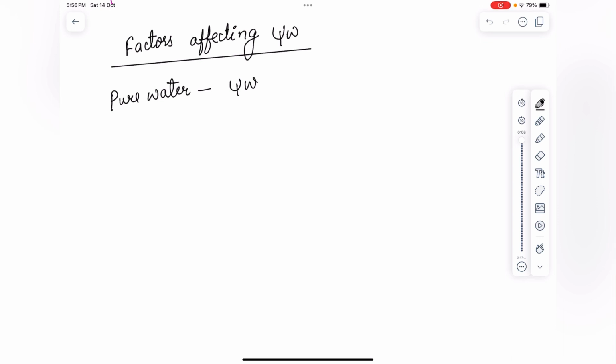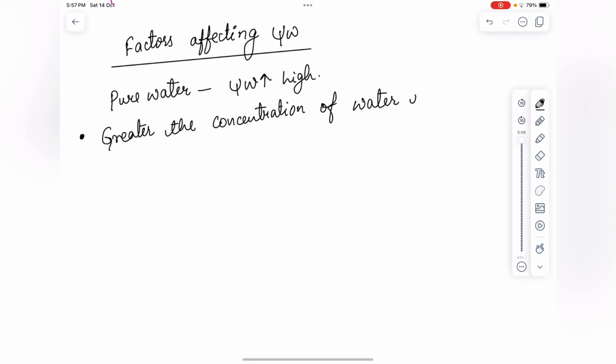As I told you, where the concentration of water molecules is higher, the kinetic energy will be more and the water potential will be more. The greater the concentration of water in a system, the greater is the kinetic energy and water potential.